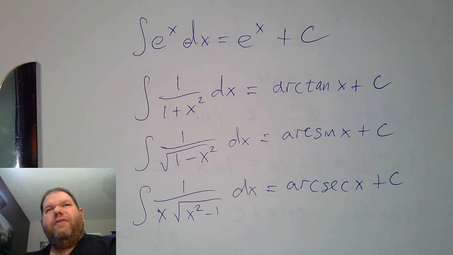Things like the integral of secant, which is natural log of secant plus tangent, or the integral of hyperbolic cosine is hyperbolic sine, for instance. I'll give those to you on a formula sheet in case they ever come up, which more than likely they won't, but it's nice to have them just in case.